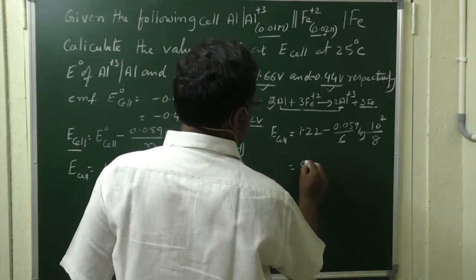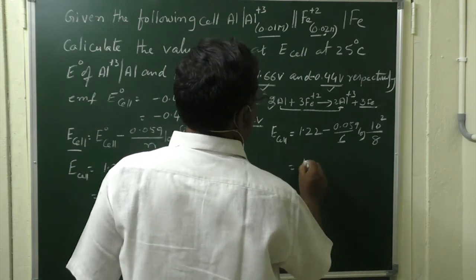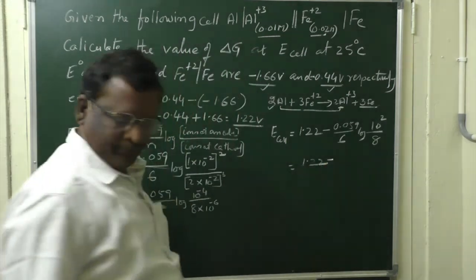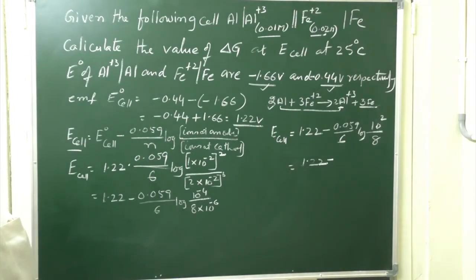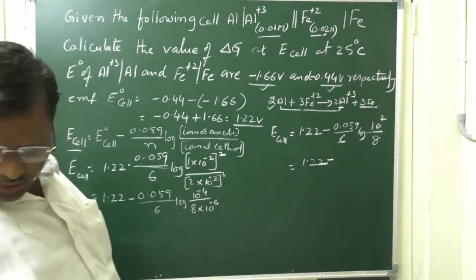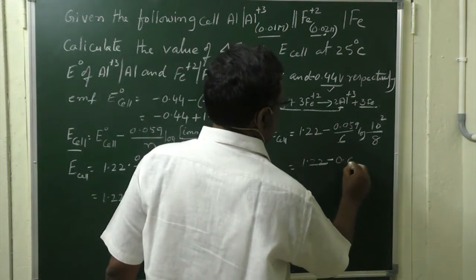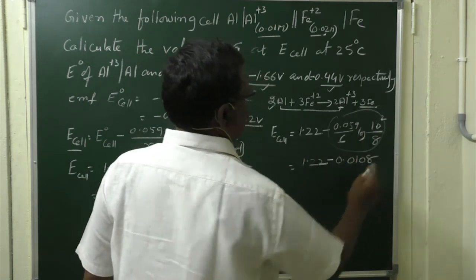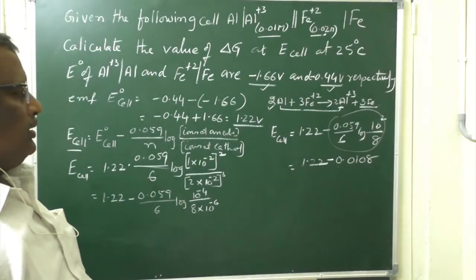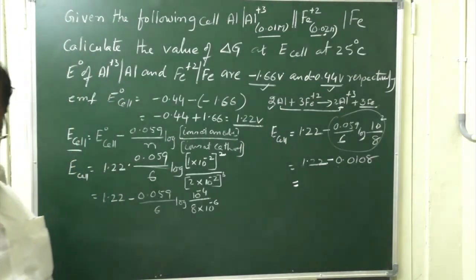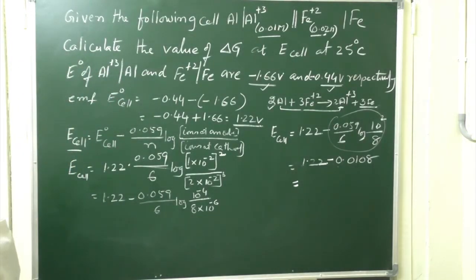So it will be 1.22 minus 0.0108. On simplifying the whole thing, the final value is 1.2092 volts.